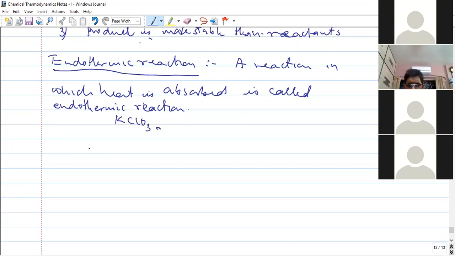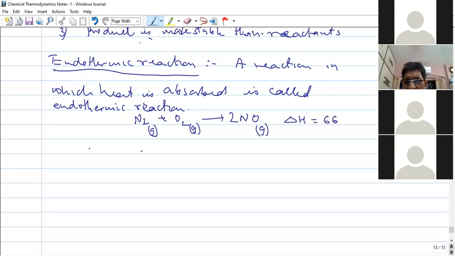N2(g) plus O2(g) giving you 2NO(g), and delta H is 66.4 kilojoules.